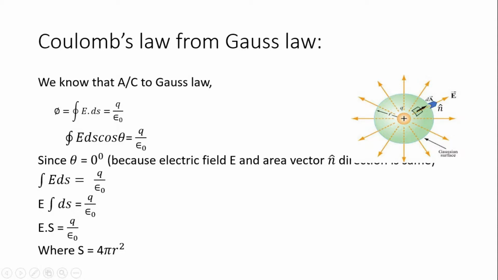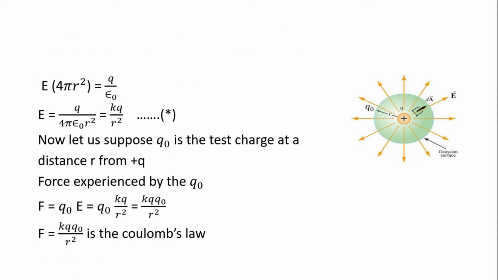We know that the surface area of the sphere is 4 pi r square. Therefore S is equal to 4 pi r square. Just substitute S in the above equation. So E into 4 pi r square is equal to q divided by epsilon naught.